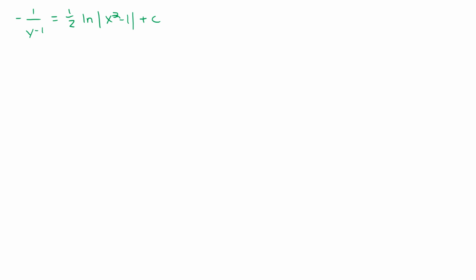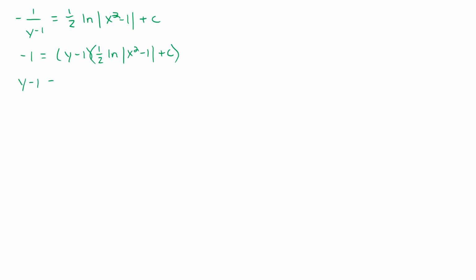Okay, let's multiply both sides by y minus 1. So it's 1/2 natural log x squared minus 1 plus c. Okay, and then I can divide both sides by this second quantity here so that I get y minus 1 by itself.